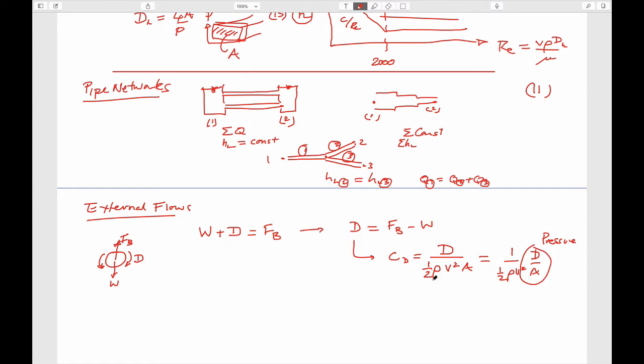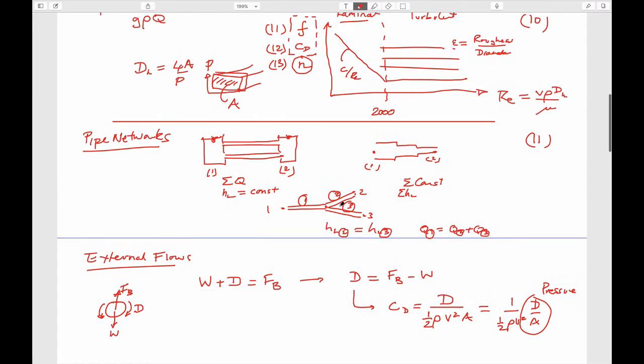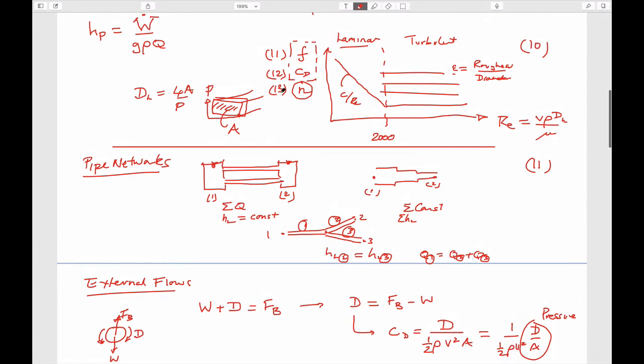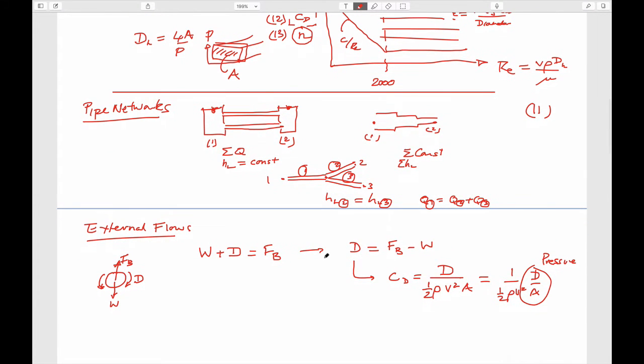And so, as we said earlier, a coefficient of drag is really an Euler number, as all of these terms are. And so the graphs look somewhat similar to this, also in terms of Reynolds number and the scaling with Reynolds number for the flow regime.